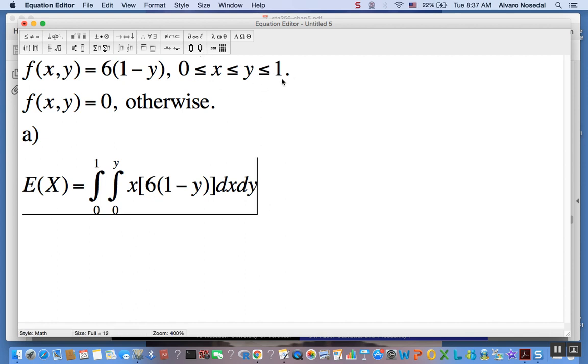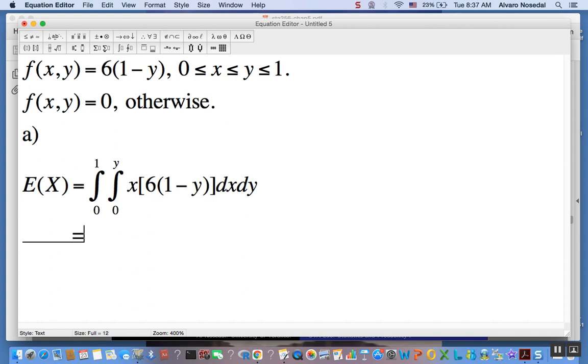Another way of seeing this, you could make a graph of these inequalities to have a graphical idea of what the support of the joint PDF looks like. We've done it before, doing that sort of graph.